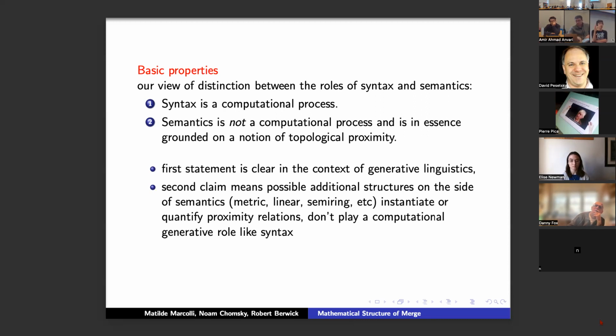Of course, this is going to be compatible with some of the models of semantics that people use, vector space and stuff like that. My point is that even if you use one of these more naive models of semantics, you're going to get something out of it as long as you can describe some notion of proximity on the side of semantics.